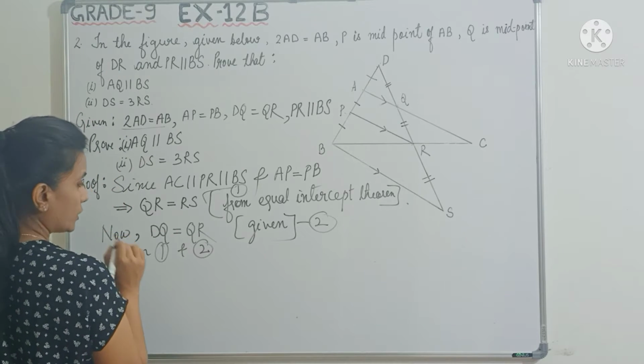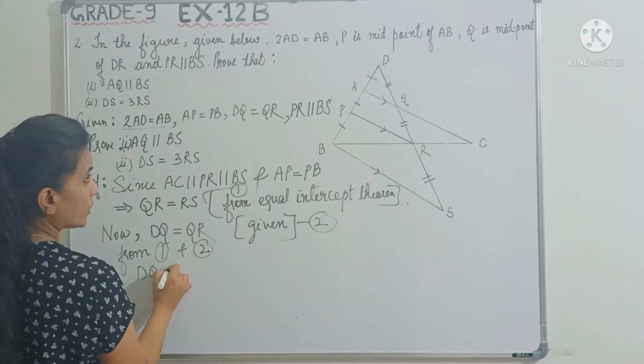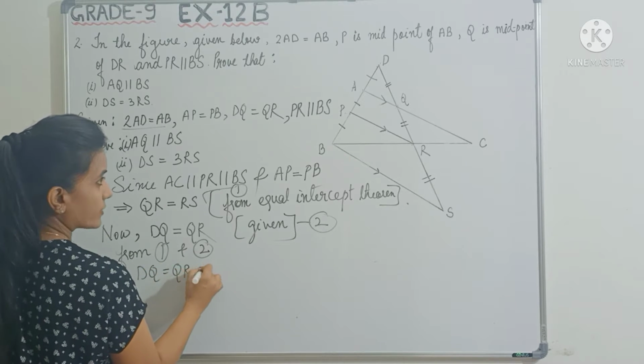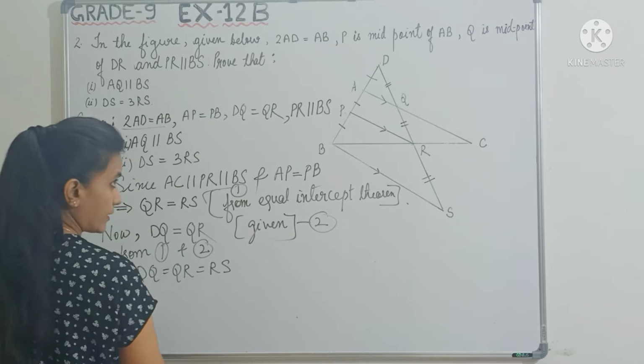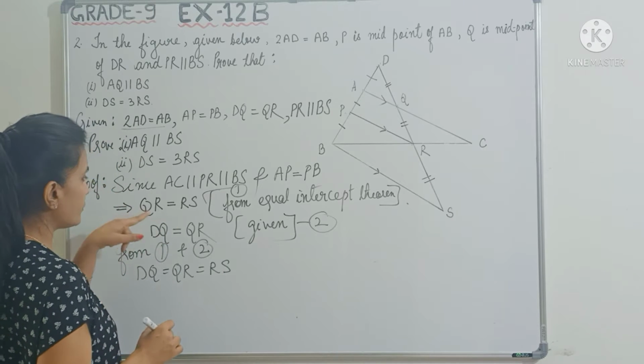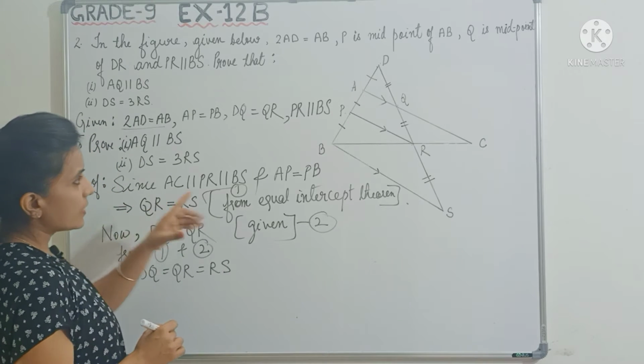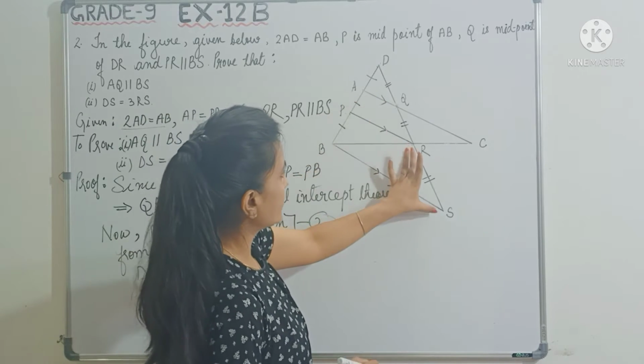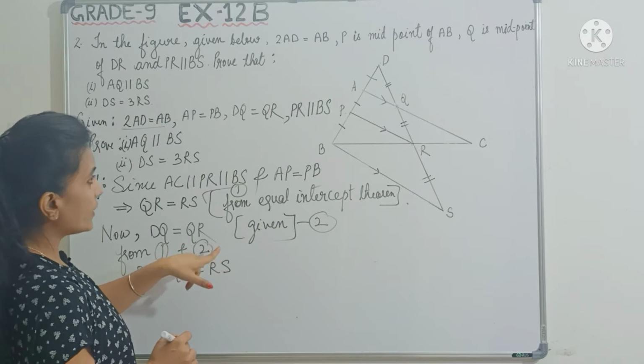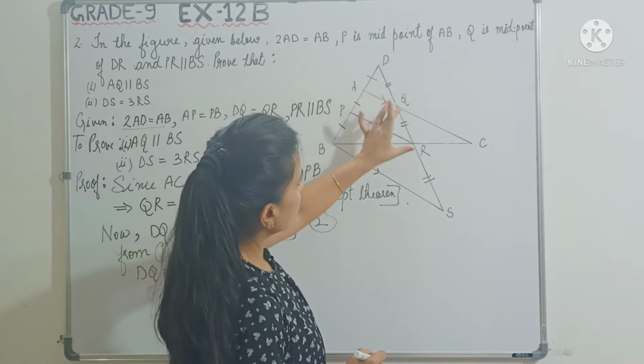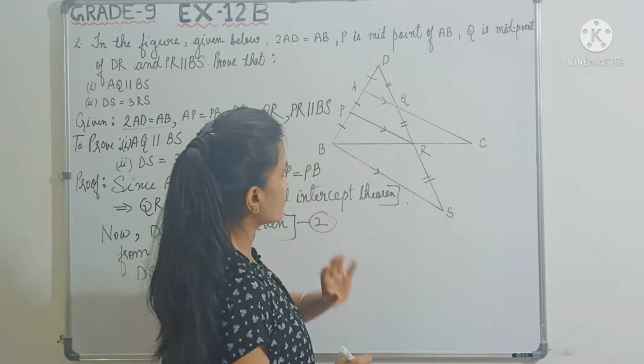You can conclude that DQ is equal to QR is equal to RS, right? In the first one we have written that QR is equal to RS. In the second we have written that DQ is equal to QR. So these three are equal to each other, right?